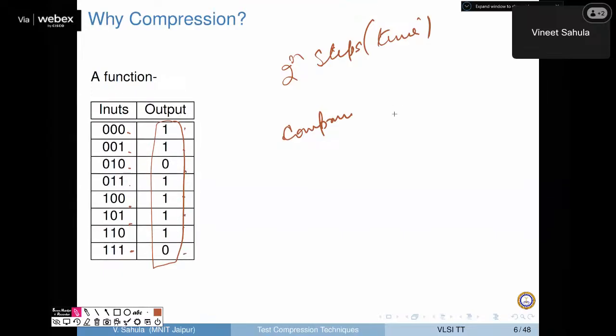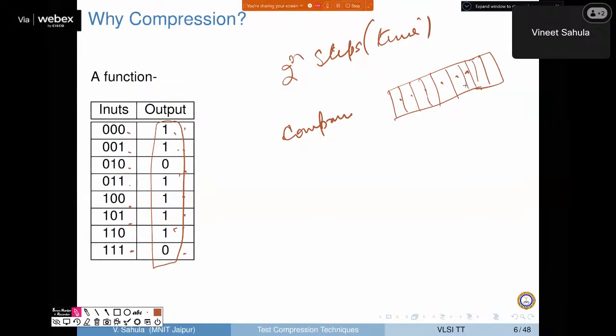Store that into a register, serial to parallel conversion or whatever you want to say, right? So we have output sequences stored here. One of them, 8-bit. And I will try to compress it with a smaller number of bits, maybe 1 or 2. That's the target.